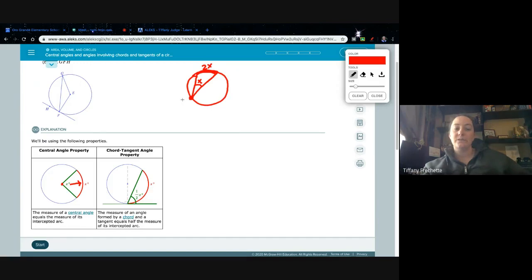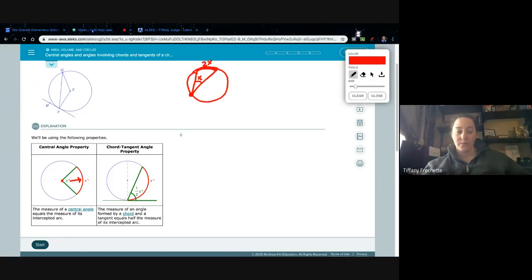So this is one we've learned previously. Well, now we have a chord tangent angle property because that's the situation that we're dealing with. A chord is a line that goes from side to side of the circle, but it doesn't go through the center. So you notice it's not by the center here. It goes from side to side.